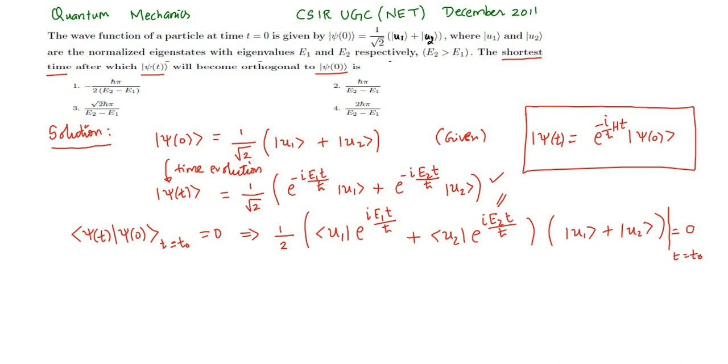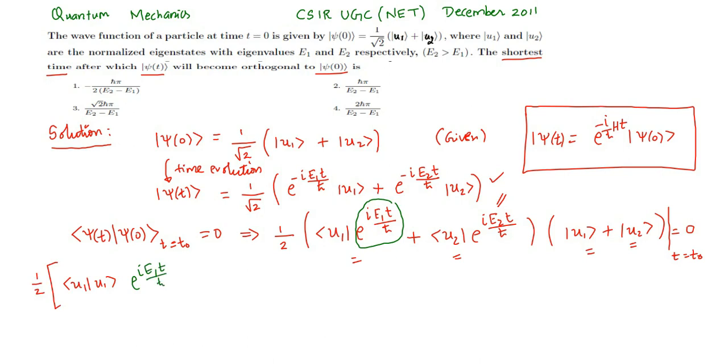So at time t = t naught, hereafter I will put t naught for t and then multiply these. There are two terms here and two terms here, so you will get 4 terms. So 1 by 2, I will open a bracket: u1 with u1, since this is a number, I will write e power i E1 t by h bar.